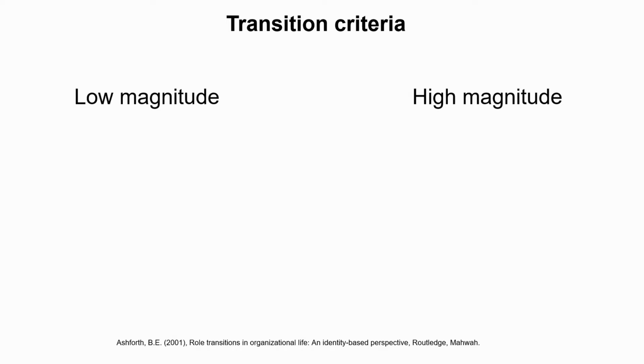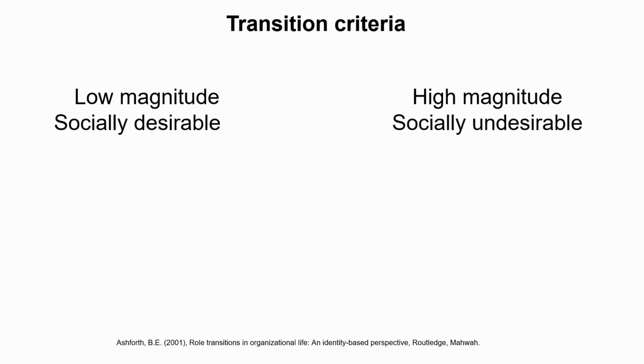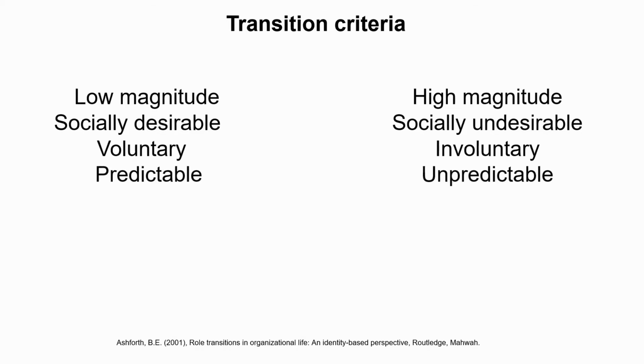The next three continuums don't need any further explanation. These are socially desirable versus socially undesirable, voluntary versus involuntary, predictable versus unpredictable. But I will elaborate a little on the following: collective versus individual. A collective transition occurs when two or more role occupants exit together.